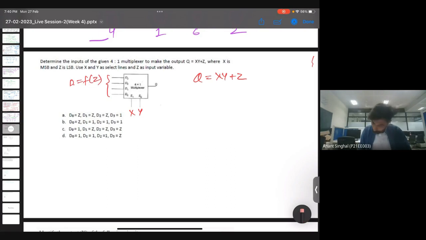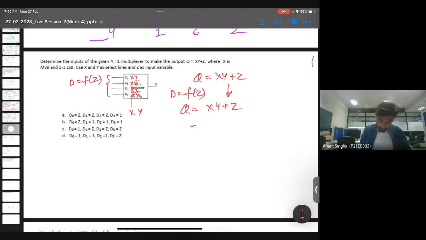So I'm writing here XY, then XY bar, this is X bar Y, and this is X bar Y bar. So you need to calculate this D3, D2, D1, and D0 in terms of Z, so that we can get Q as XY plus Z.